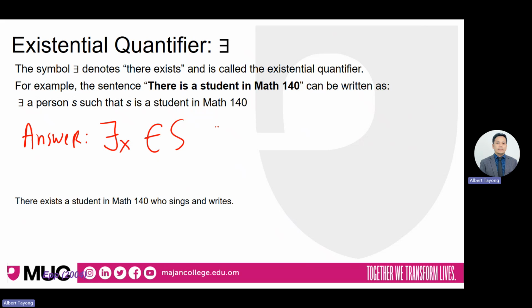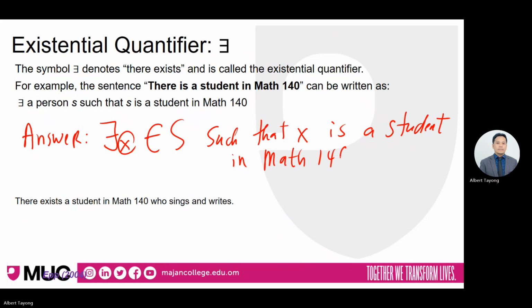In S, such that this variable X is a student in Math 140. Or as I said, you can write like this, small letter s, capital letter S. Then continue the same. Change X to s. Okay? It's up to you.